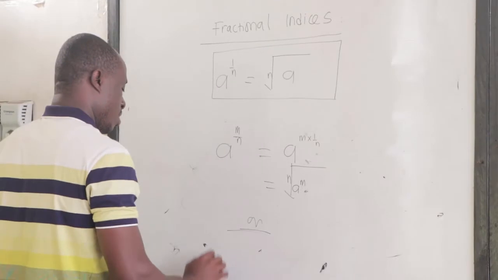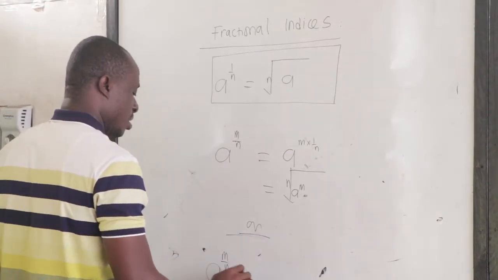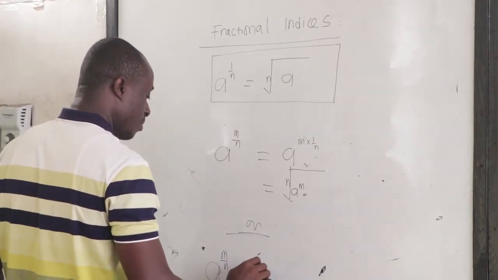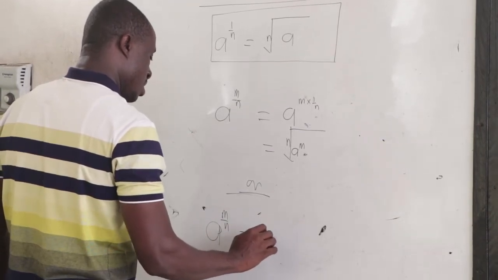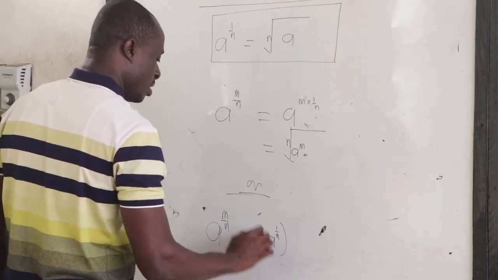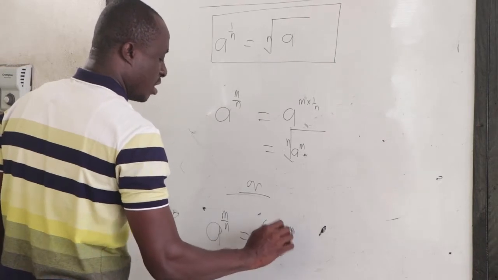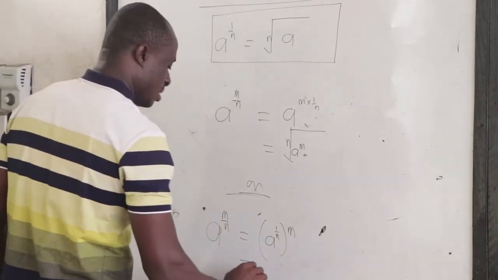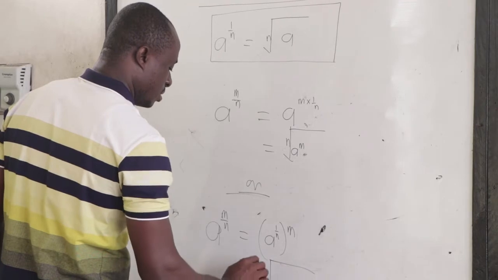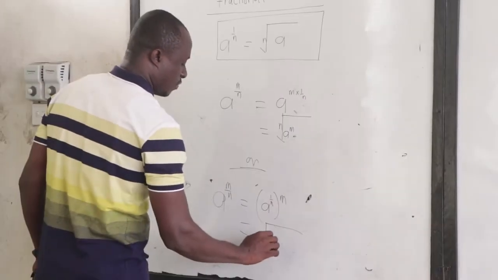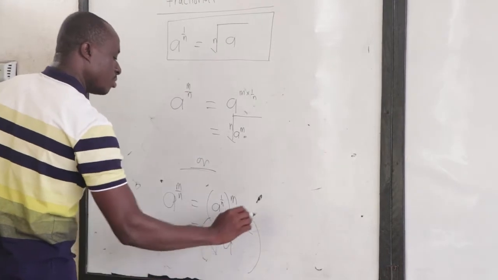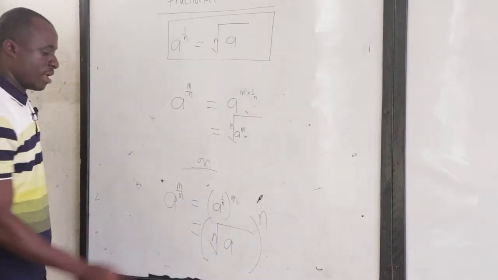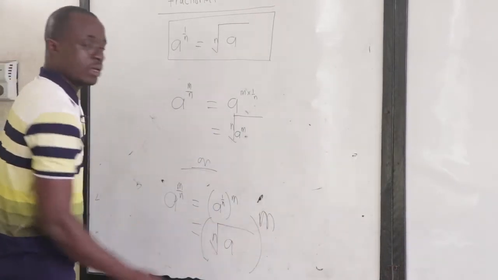Or you have a to the power m over n, this is the same as a to the power 1 over n, and then we have m here, the same as the nth root of a, and then all to the power m.